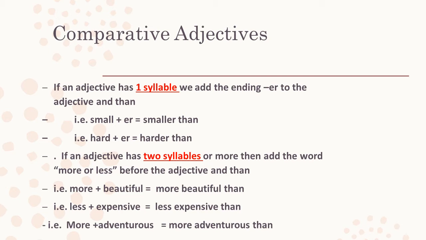Okay, and now what if the adjective has two syllables? What are we going to do? We are going to add the word more or less before the adjective, and after this we have the word than. Like when I say more beautiful than, I added more before the adjective because the adjective here has two syllables.